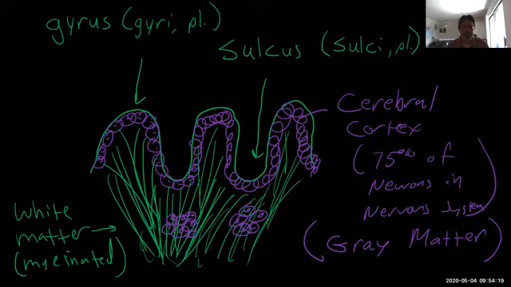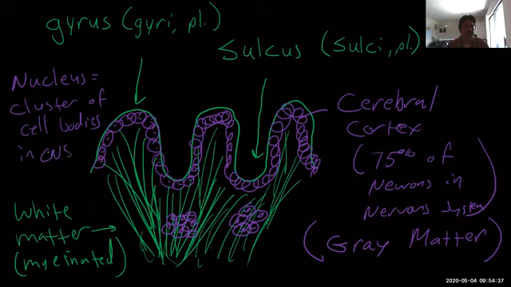These little collections of gray matter inside the white matter, those are called nuclei or nucleus. So a nucleus is a cluster of the cell bodies in the central nervous system, and that is referring to that little group right there.